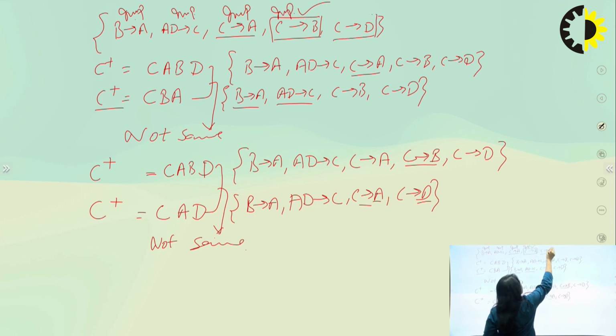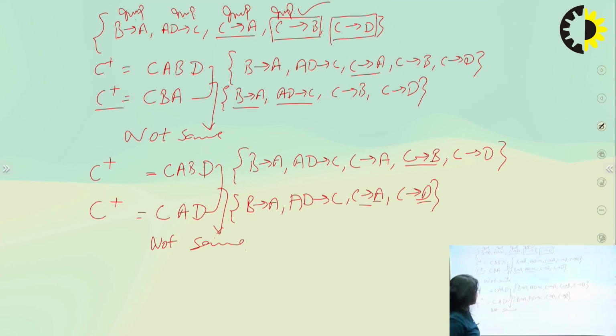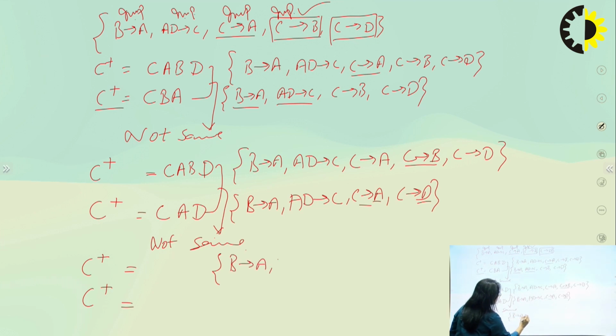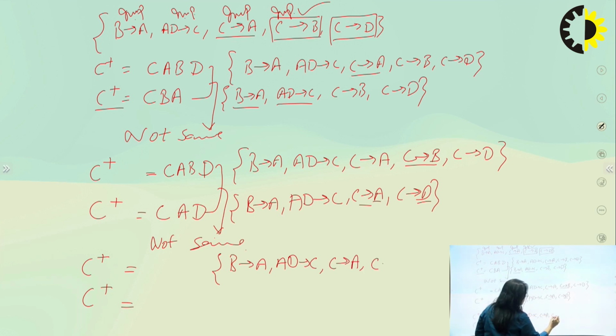We will check this, the last one. For this, we will calculate the closure of the left hand side of that particular functional dependency. That is nothing but the C. So we'll make out the closure of C by having all the set of functional dependency till now. C tends to A, C tends to B, C tends to D. Right.